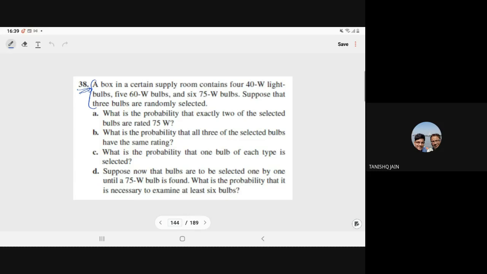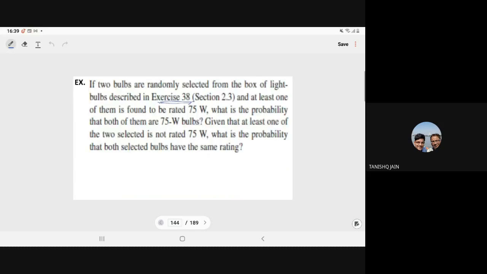Let me finish the conditional probability. We are already lagging behind. What is your name? Tanishq Jain, sir. Tanishq, I will call you just after the lecture finishes. Just wait for 10 minutes. We have only 10 minutes.